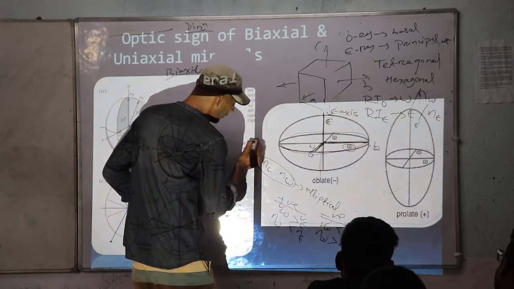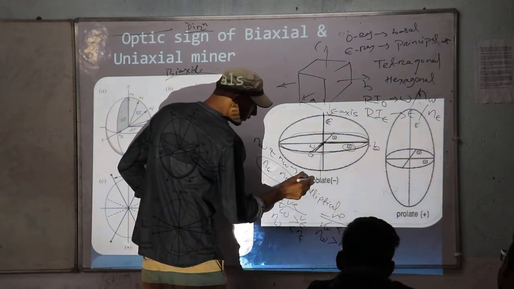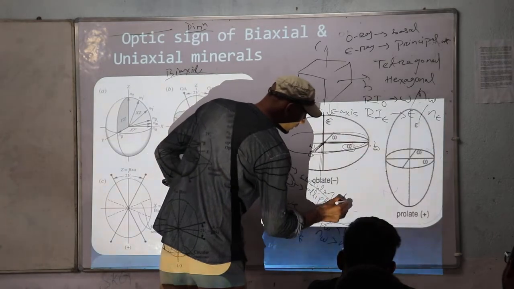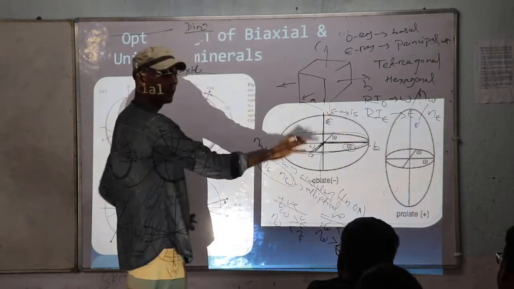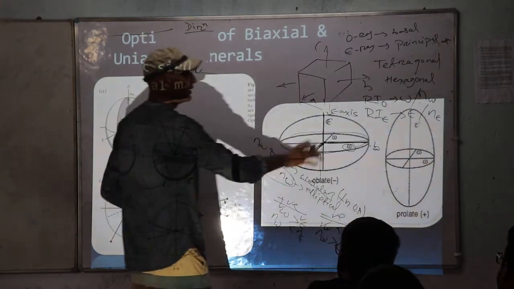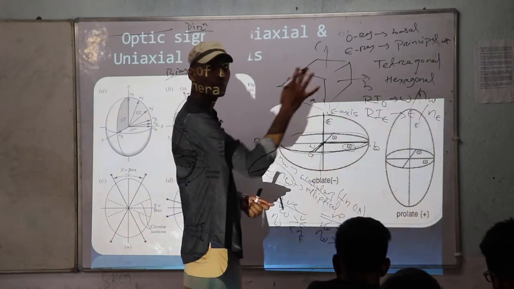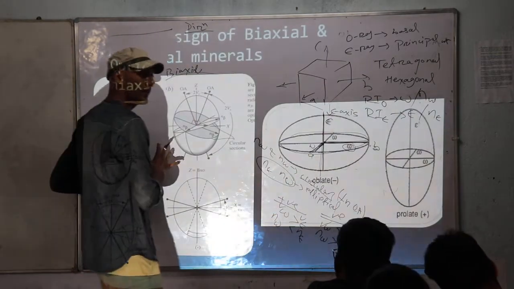When I join n omega and n omega, that will be a circular section. And that circular section we can obtain perpendicular to the optic axis. Here, in this case, that is AB plane. In uniaxial mineral, that is the AB plane, or you can say that is the basal section, only in case of uniaxial, not in case of biaxial.